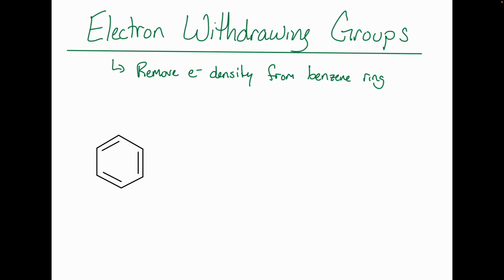Okay, so I'm going to give you an example here. I'll tell you how to spot these electron donating and electron withdrawing groups here in a second. For right now, you're just going to trust me that this is an electron withdrawing group.